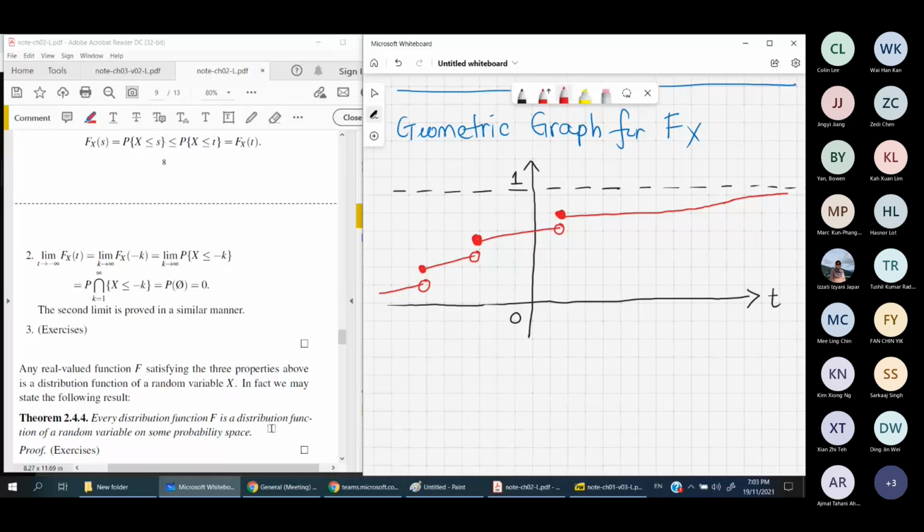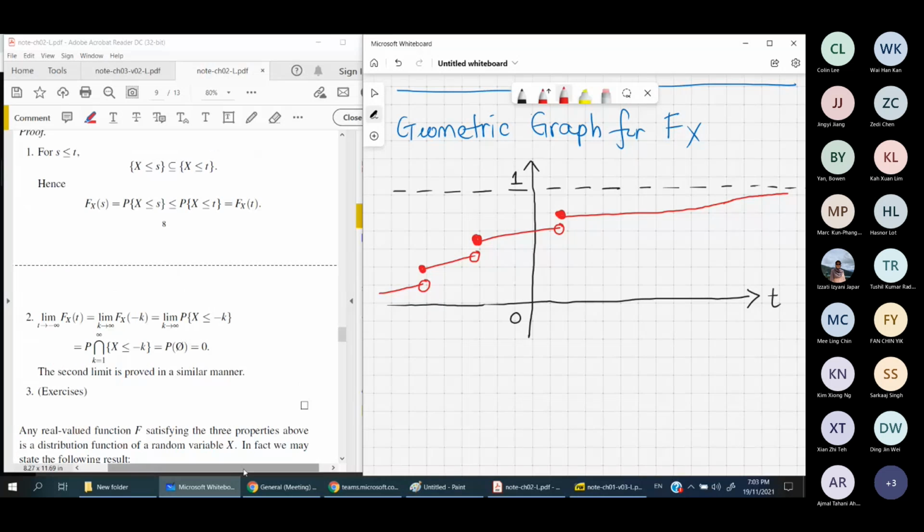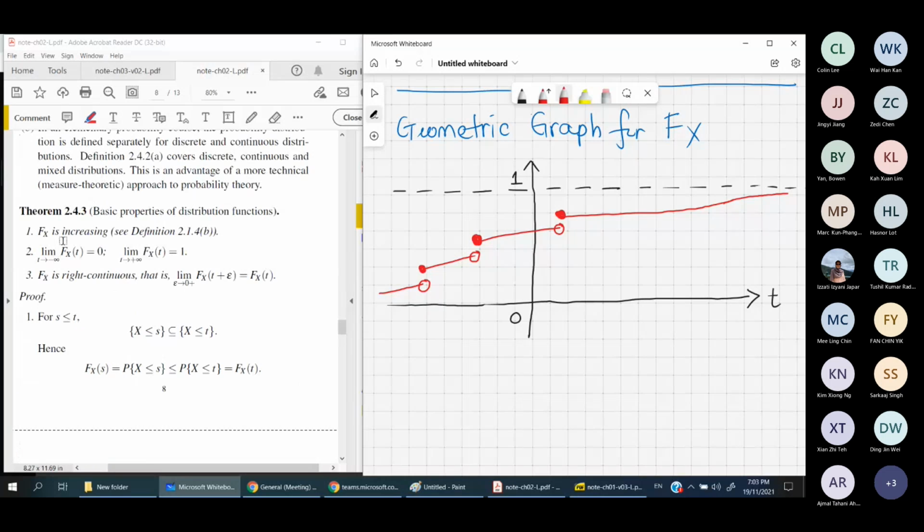Okay, so let's look at this one by one. First, we want to show this is increasing. Before that, just this is one. When s is less than or equal to t, I think it's clear, right?